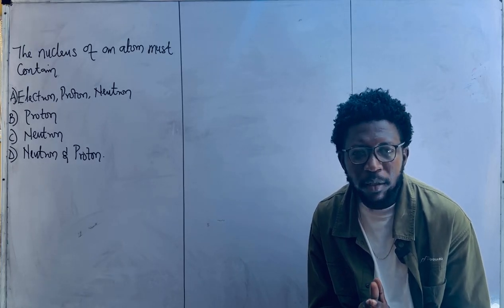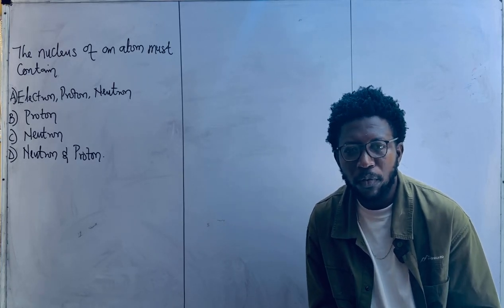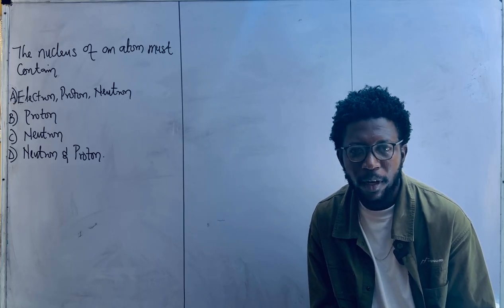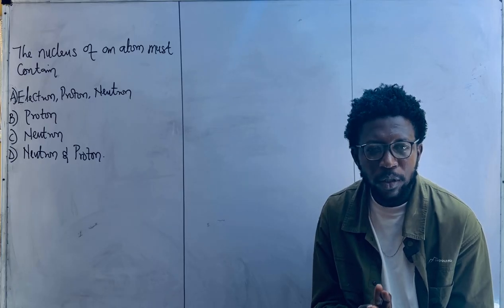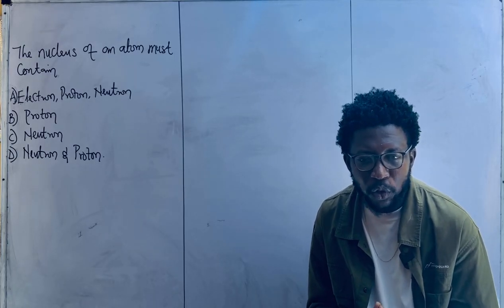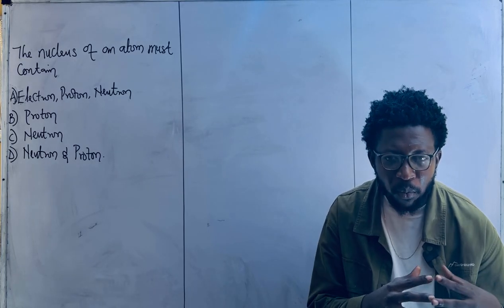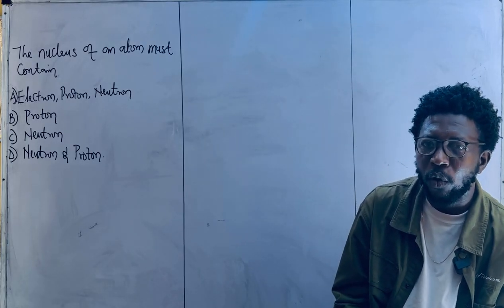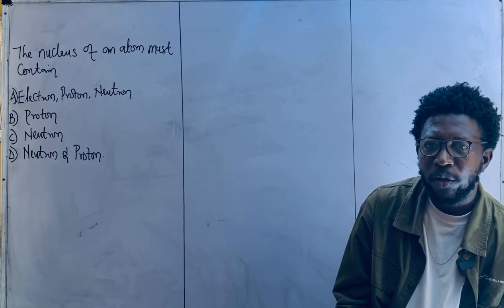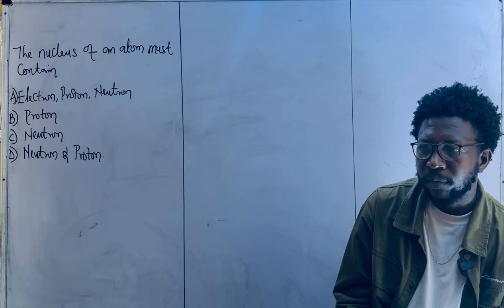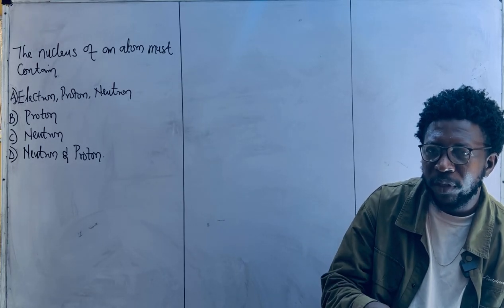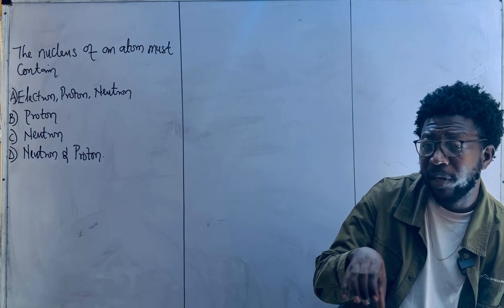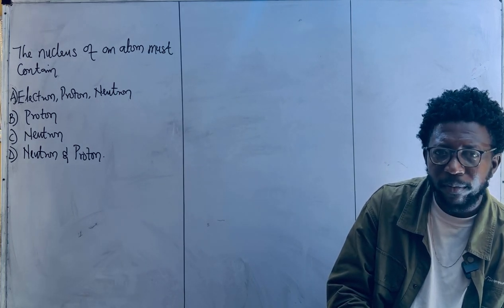Based on the structure of the atom, there is a central core called the nucleus, and the electrons revolve around this central core, where the majority of the mass of the atom is concentrated.